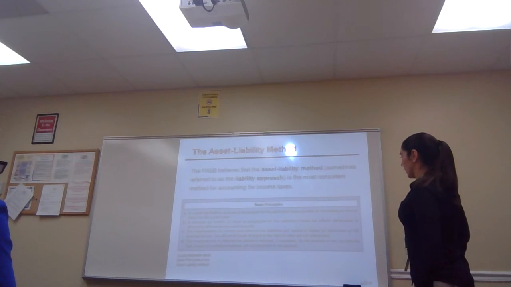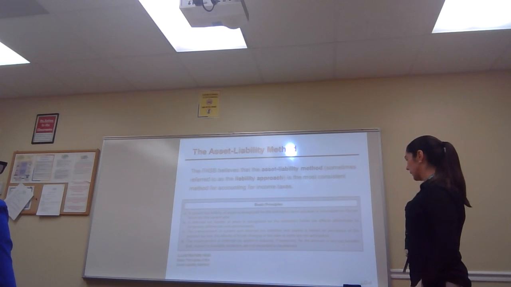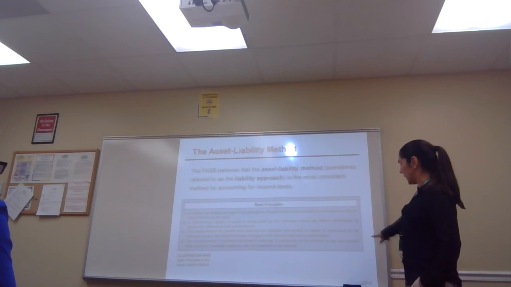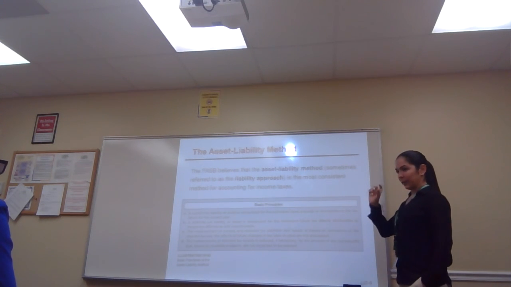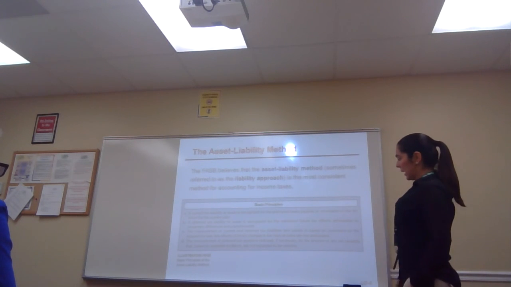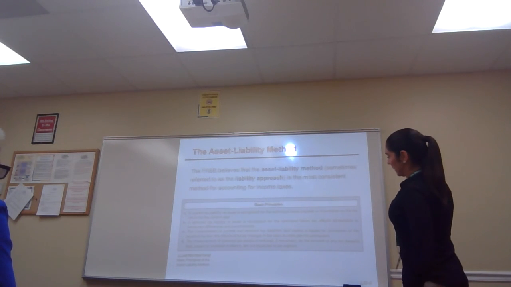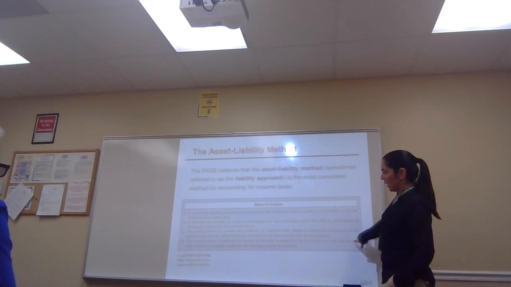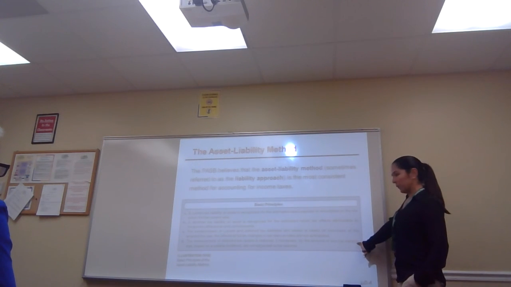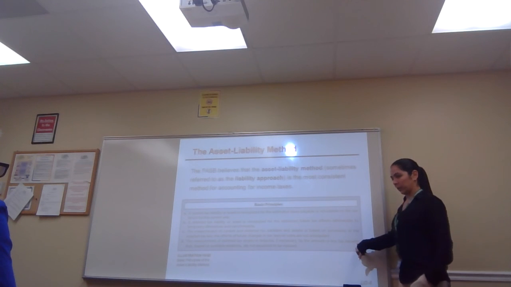The measurement of current and deferred tax liabilities and assets is based on a provision of the enacted tax law. This is what we just discussed a couple of slides back, if the tax rate is going to change. And finally, the measurement of deferred tax assets is reduced by the amount of any tax benefits based on the available evidence that are not expected to be realized. Valuation allowance, we just discussed as well.